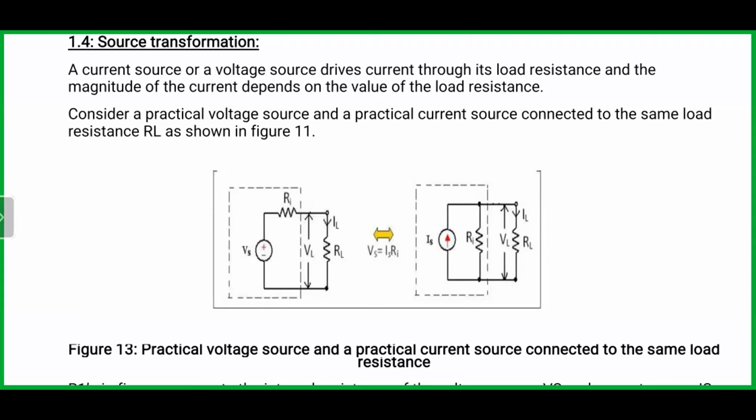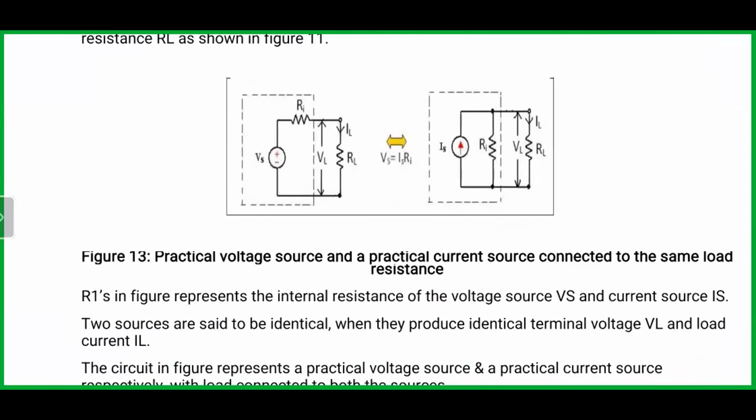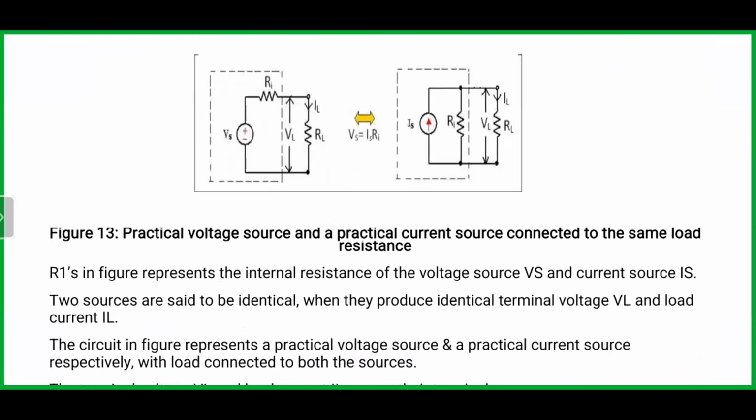And then look at the current source. The current that passes through: you see that there'll be current for the load resistor and then current for the internal resistor. You see, a practical voltage source and a practical current source connected to the same load.